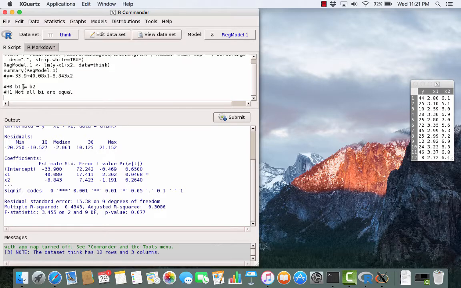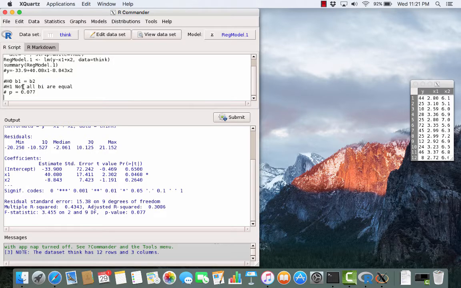Okay, the p-value, which everybody better get, is of course where it says p-value, 0.077. And since I didn't say explicitly, let's just assume alpha is 0.05. Our step 3 is, of course, if p is less than alpha, in this case 0.05, then we reject H0.